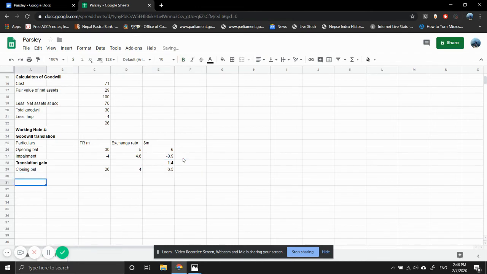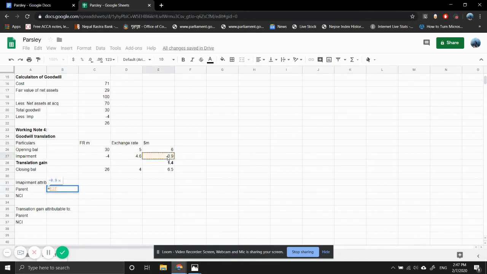So what we will need to do is the impairment attributable to parent and NCI, right? And then translation gain attributable to parent and NCI. Even this has to be attributed.